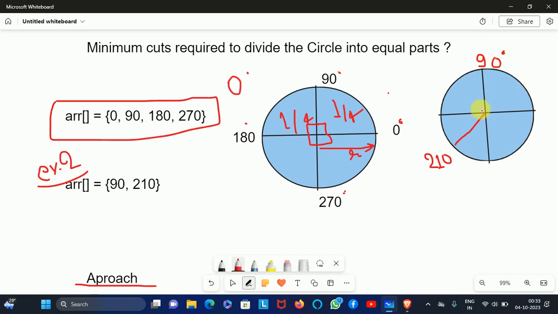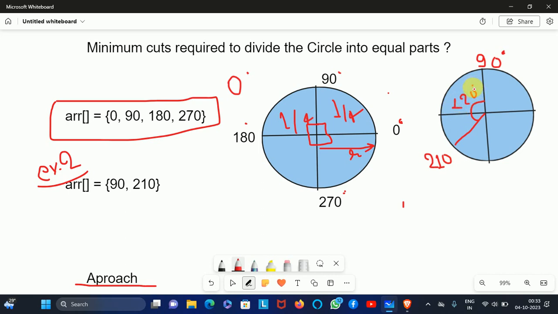We can easily see this circle is not in equal parts. So let's see, what is the difference between 210 and 90? The difference is 120.